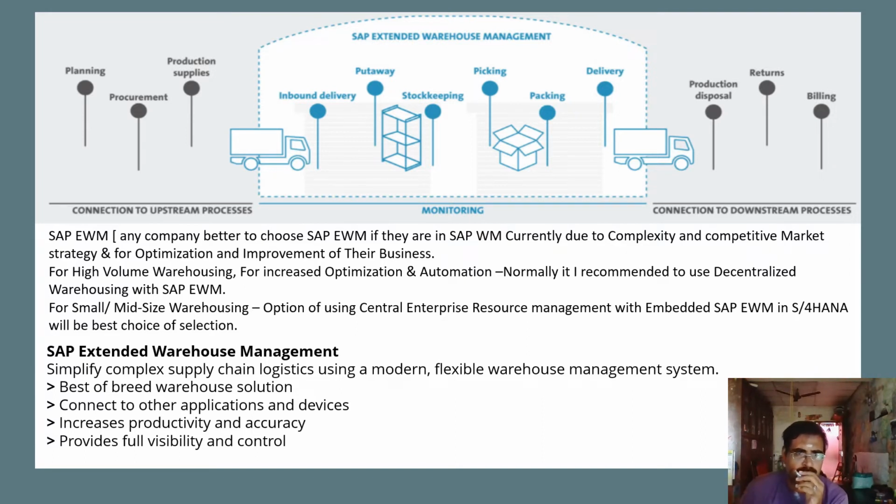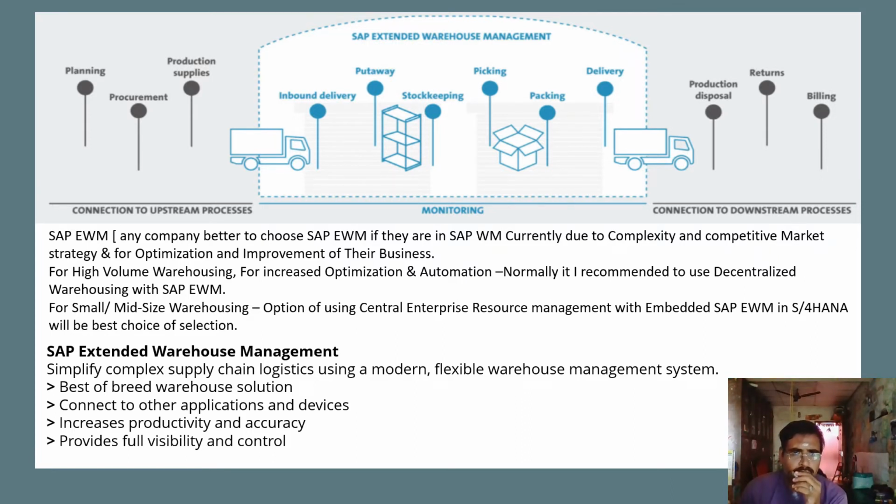So many questions actually. Why are you choosing SAP EWM when compared to WM? The reason is that many companies show better performance with SAP EWM than WM. If they are in WM currently, due to the complexity and competitive market, strategy, and optimization and improvement requirements of their business, they are migrating from WM to SAP EWM. I'm seeing this in many companies.